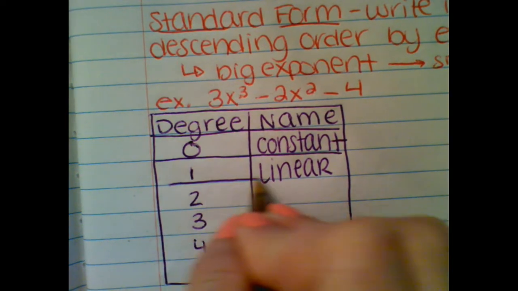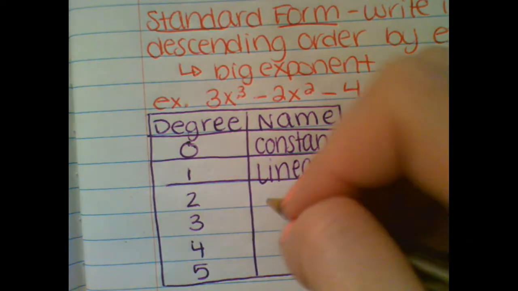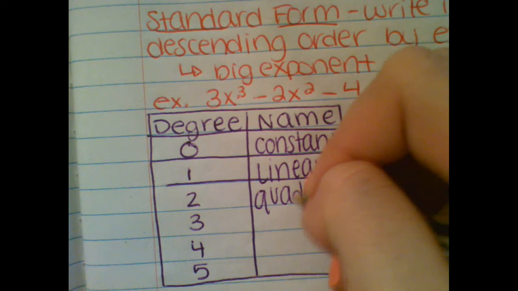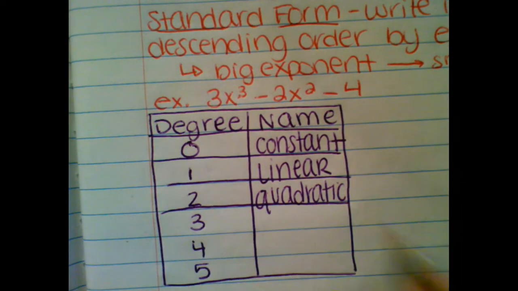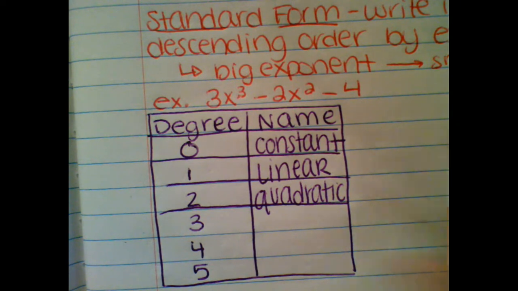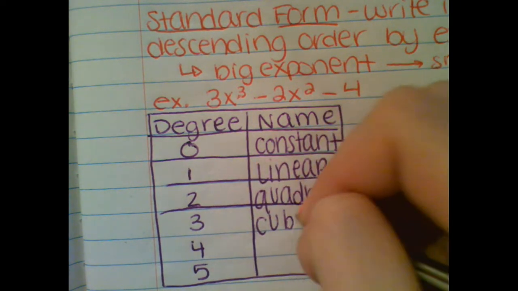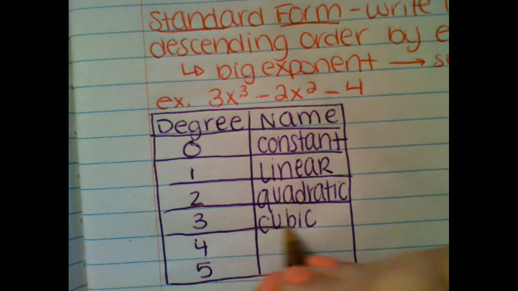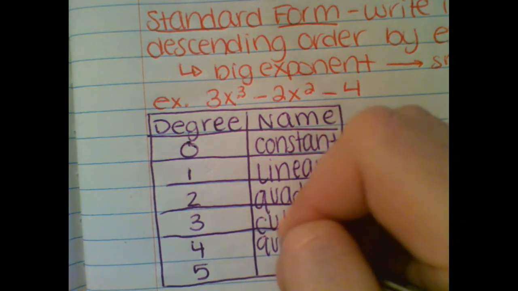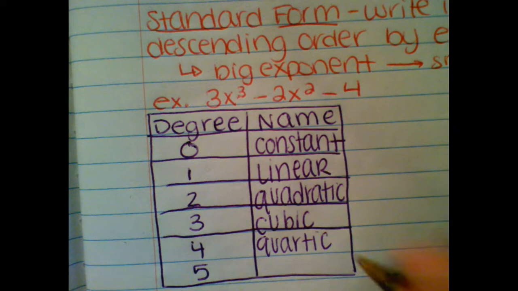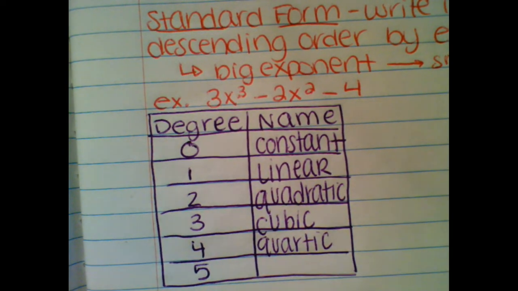If your largest exponent is 2, that's called quadratic. If your largest exponent is 3, that's cubic. 4 is quartic, so with a Q. 5 also is with a Q.